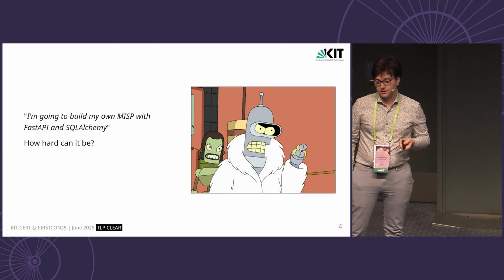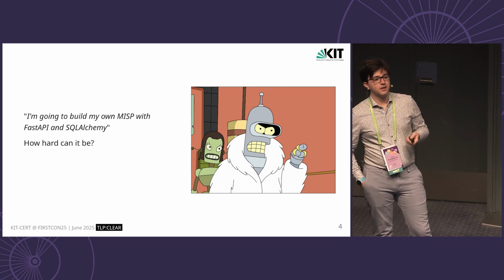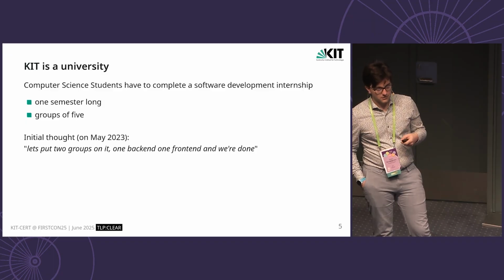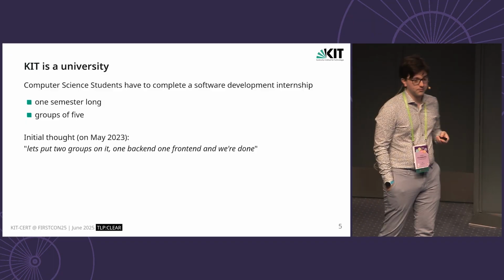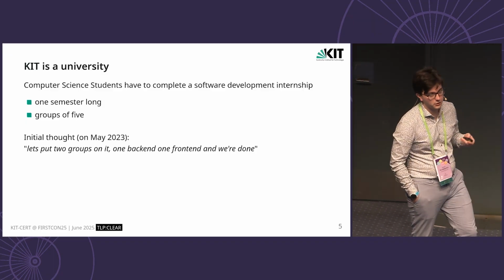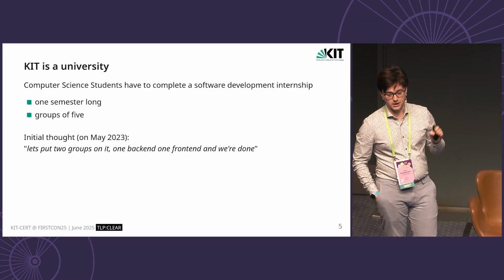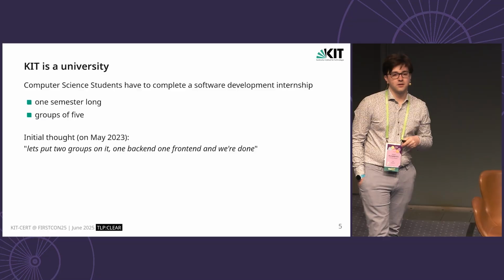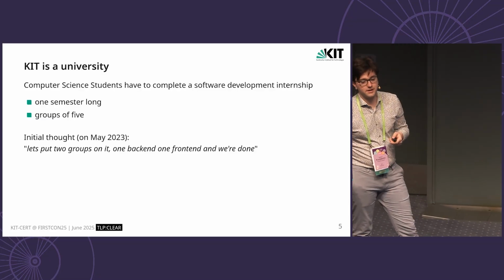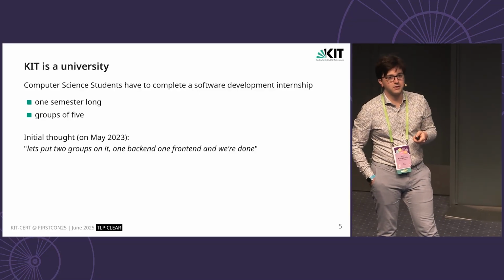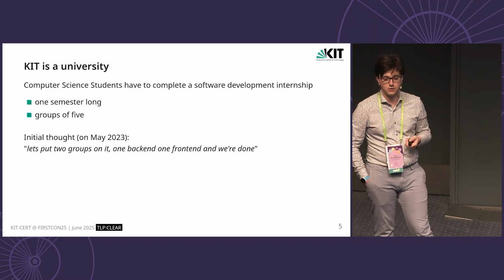That's the origin story. We know KIT is a university, and a university has one big factor. It has students, a lot of them in our case. So every student has to do a software development internship at the university.